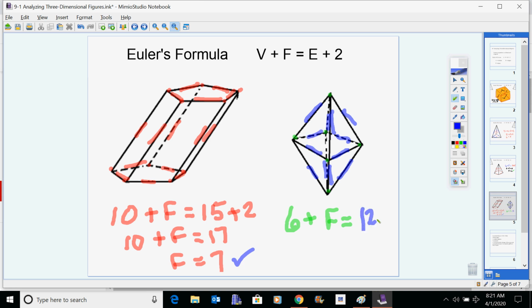So 12 plus 2. So 6 plus f equals 14. So we're expecting there to be 8 faces.